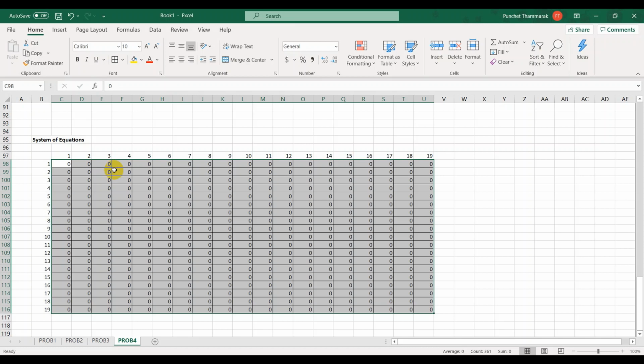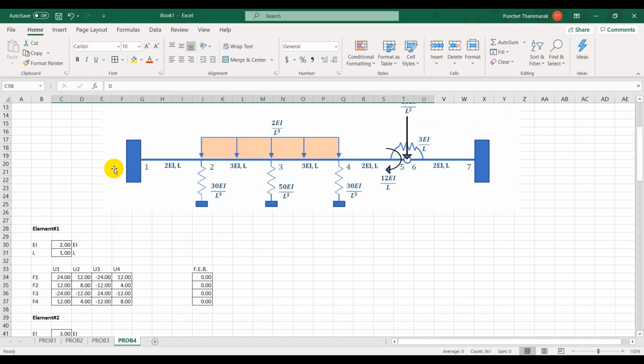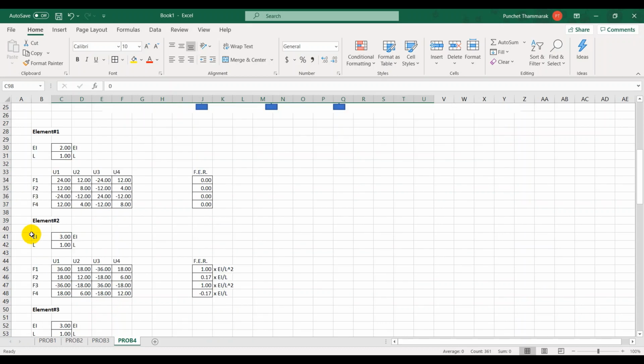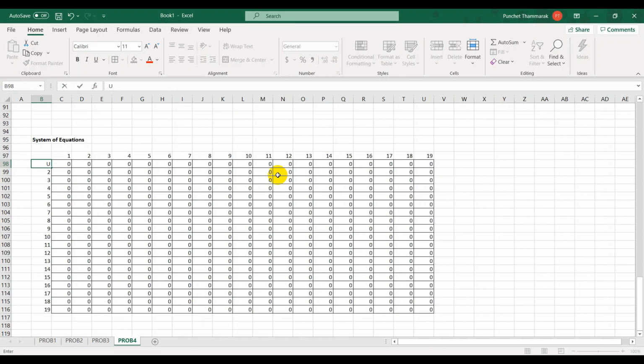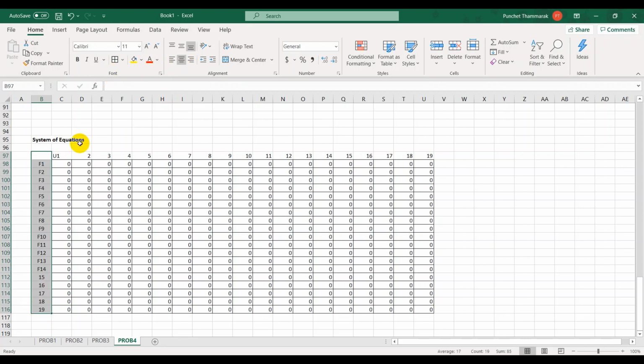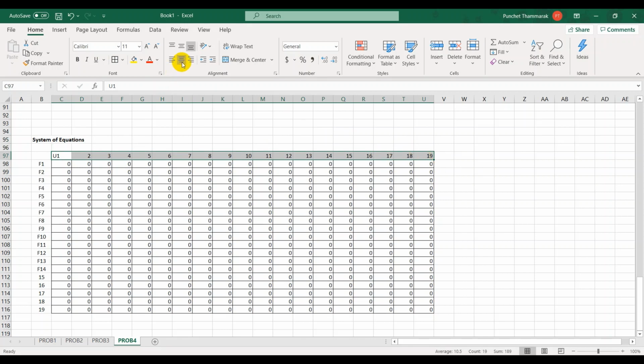So I will have the U1. Oh no, F1. Actually, I should just make that big matrix before I drop everything in. But it is fine. We can handle that later. Center it. U1 all the way to U14.